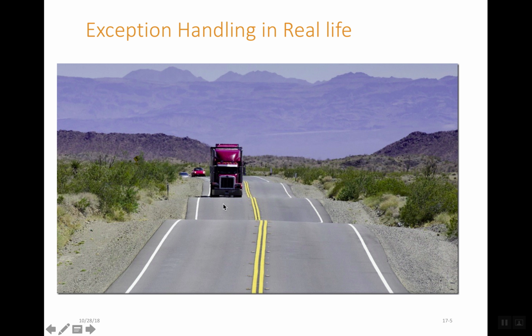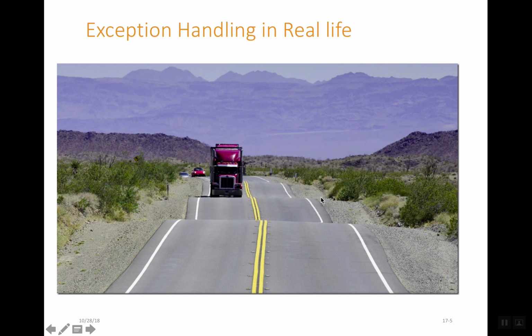This lane will be blocked, and other vehicles coming in the same direction have to use alternative routes. They have to stop, be careful, and use the other lane. This is really a problem. It may cause a lot of traffic on this highway.